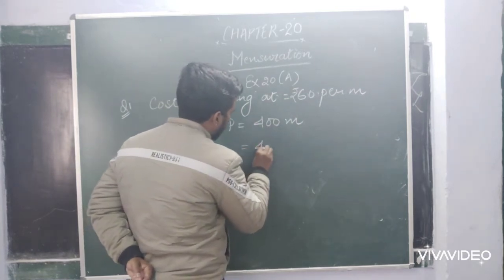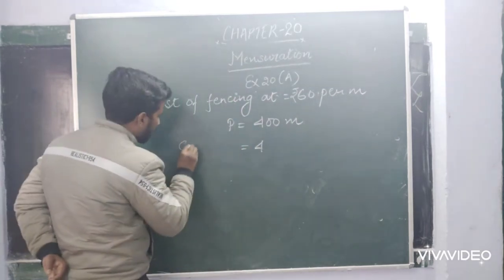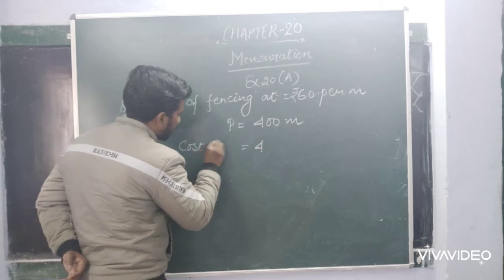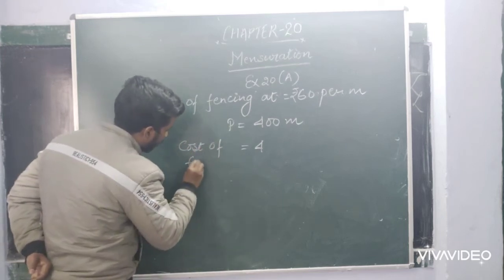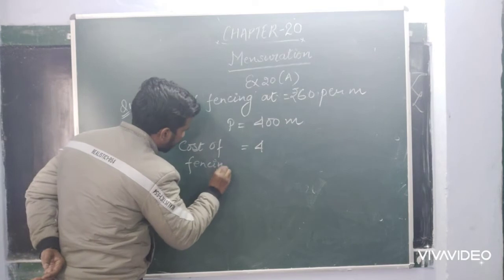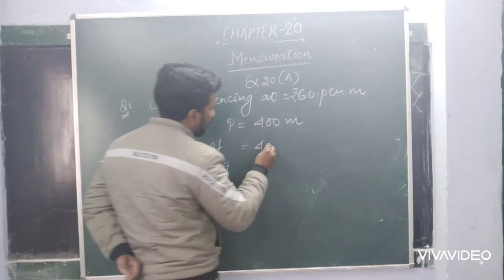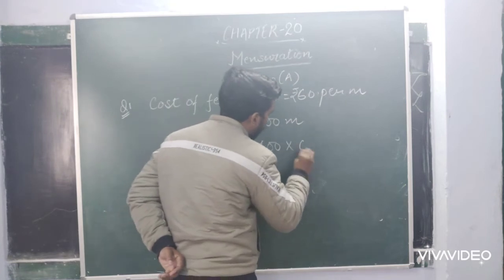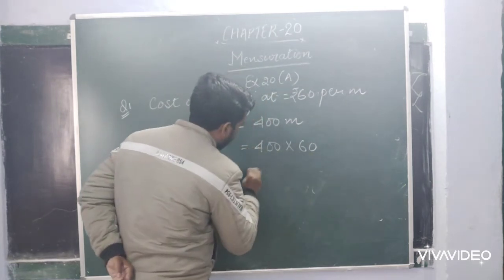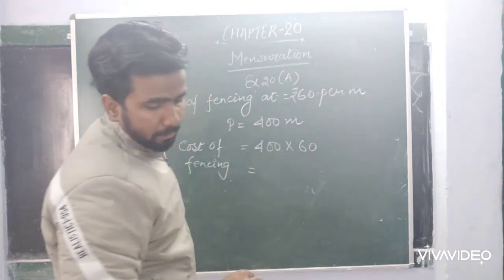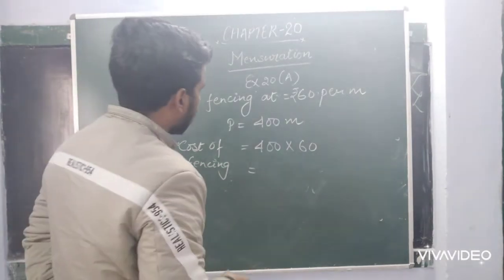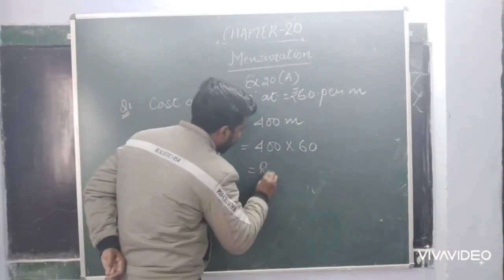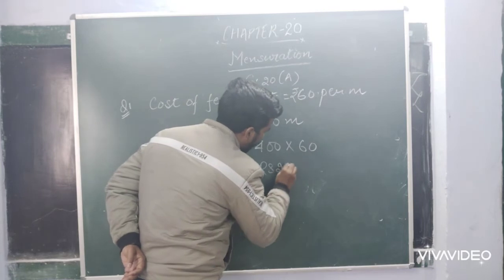So if we multiply the cost with the perimeter, what will you get? The total cost of fencing, and that is rupees 24,000.